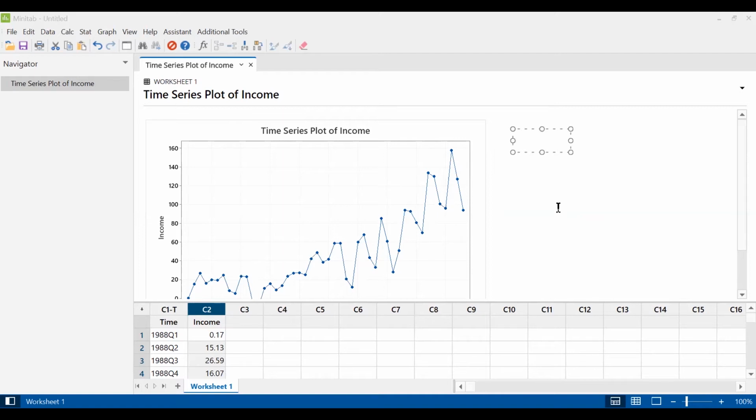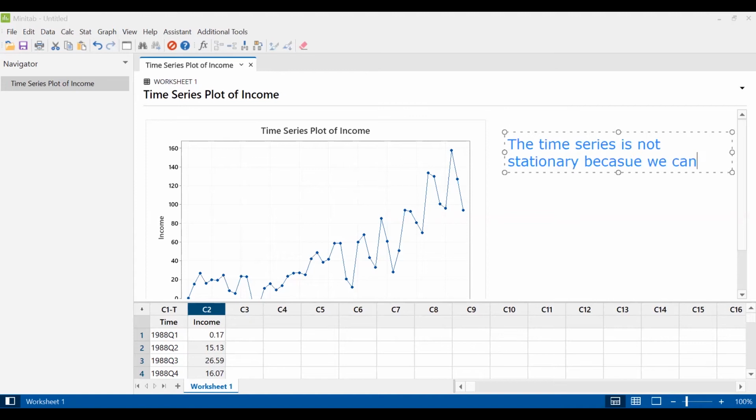Any time series data with patterns, trend, seasonality, cyclical component are non-stationary. So we can say the time series is not stationary because we can observe an upward trend.